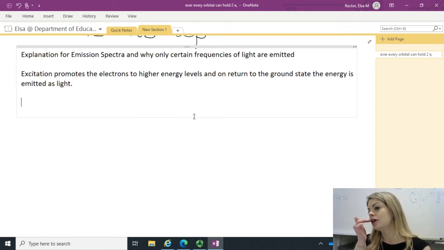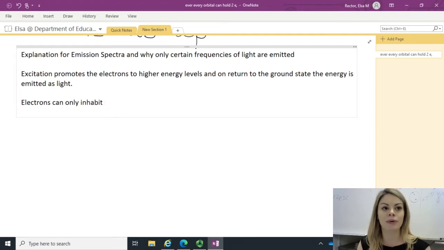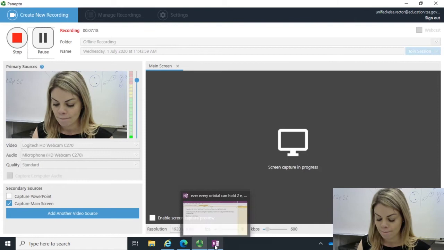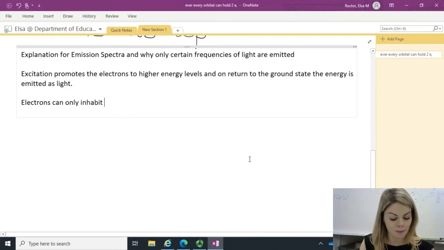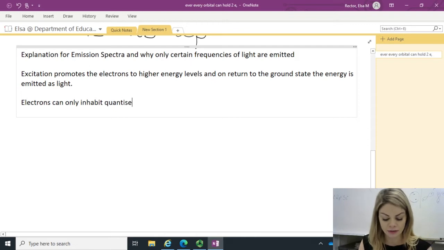Why are there only certain lines in the spectra? Because electrons can only inhabit, which means be on, quantized, which means a limited number of energy levels.